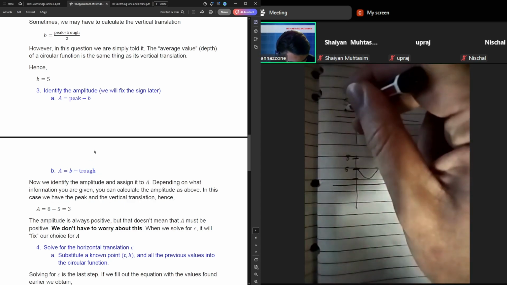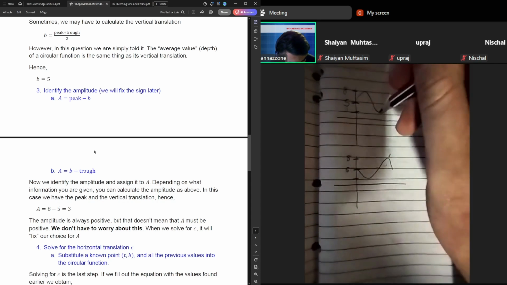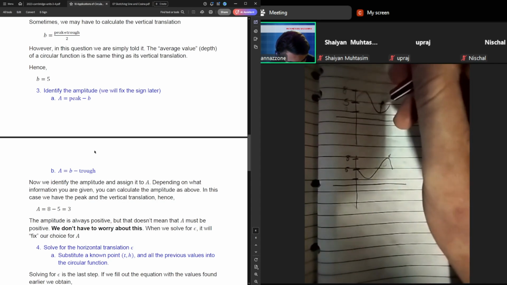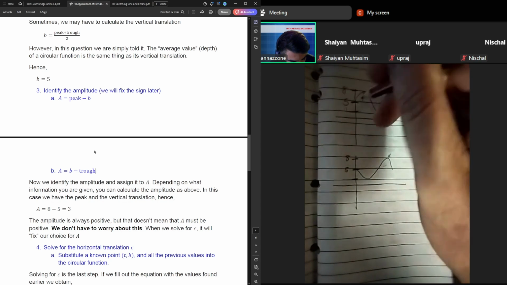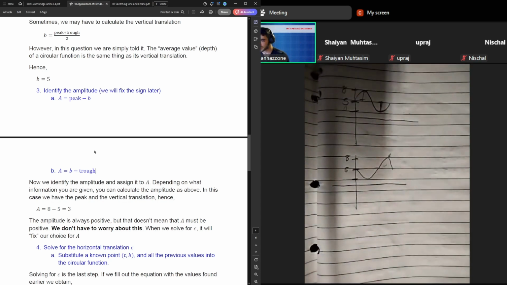So if we know what this value is, we could do this distance here. Both of those will give you a possible A value. My preference is to make it positive, just because positive numbers tend to be on the easier side. You'll see in the next step how we're able to, quote-unquote, fix what's going on. But okay, that's how you calculate the leading coefficient, that A term.